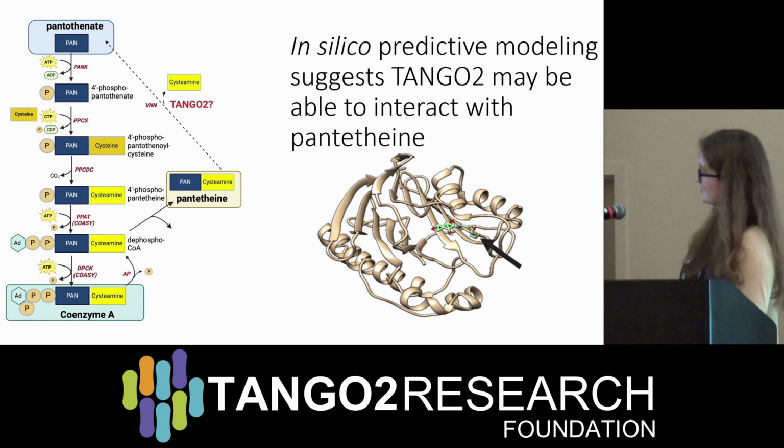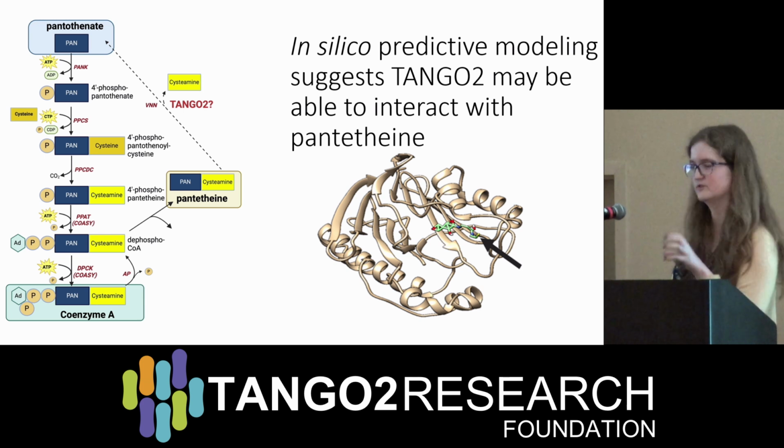In this structure, there is a predicted site where this compound could potentially interact with the TANGO2 protein. And this site also could have the correct sequence needed to cleave this compound back into pantothenate and create that other byproduct.